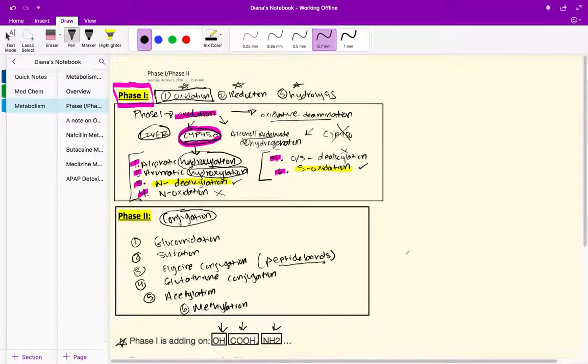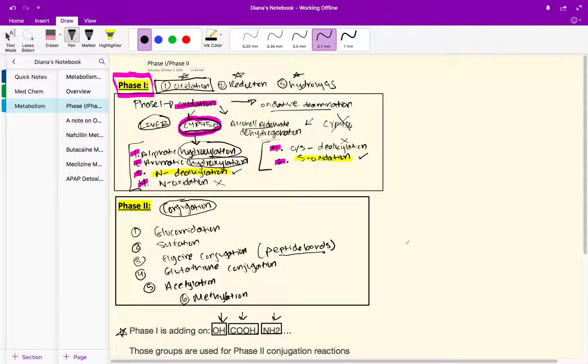And in the last video, we introduced phase 1 and phase 2 reactions. And we said that phase 1 reactions can be broken down into 3 subcategories: oxidation, reduction, and hydrolysis. For oxidation, we have these CYP450 mediated reactions, and that's all of these here in pink, these 6 reactions.